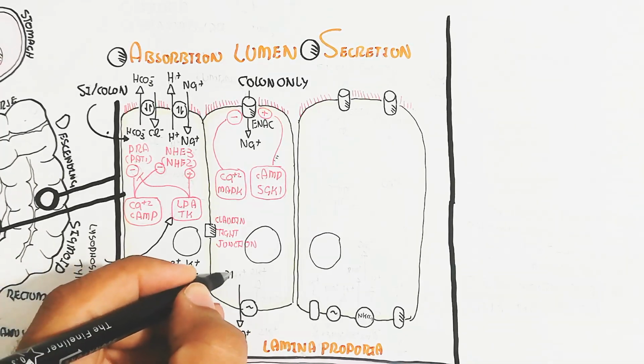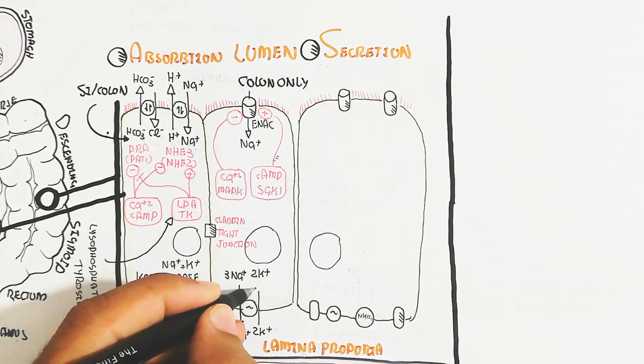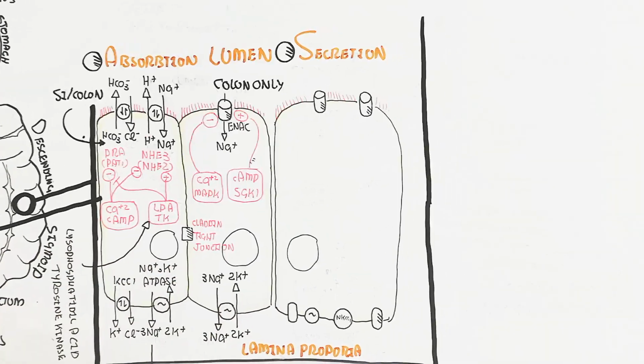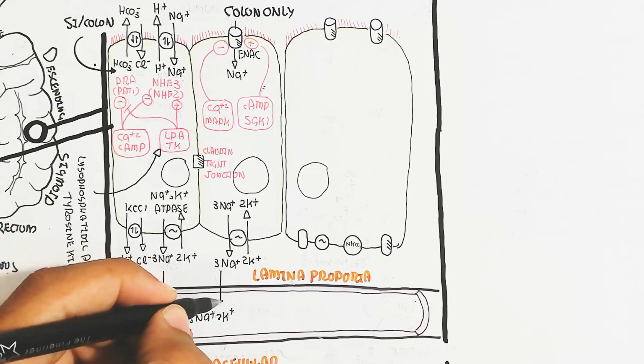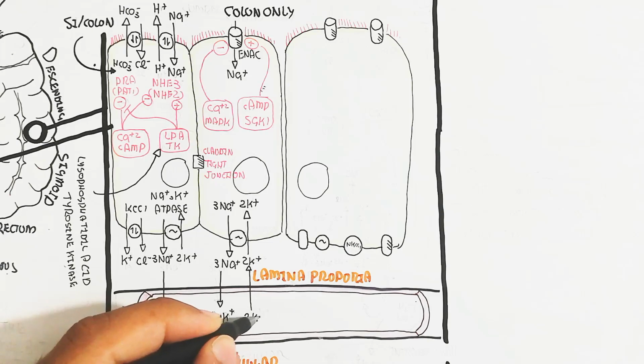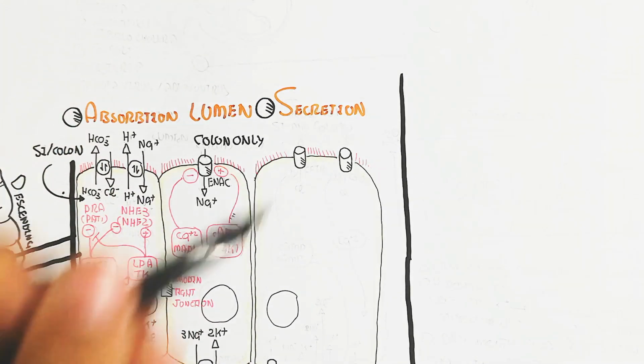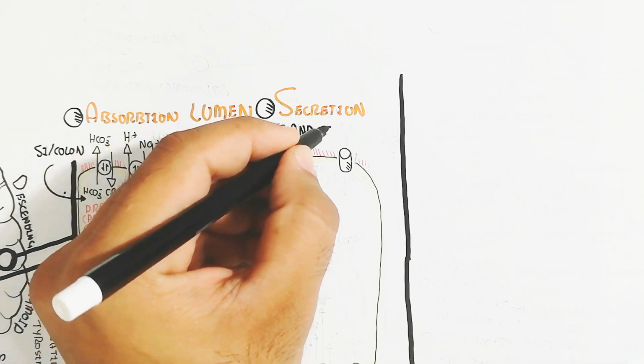In this way, more cyclic AMP and MAP kinase will lead to infection through bacteria. There is the sodium potassium exchange channel, which moves potassium and sodium into the blood circulatory system, and in this way the water will be absorbed.